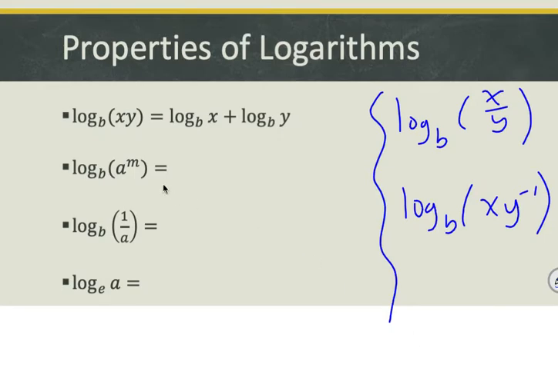So what do we do with this? If we have an exponent here, what do we do? You remember what you do with the exponents? No? It gets moved out front, right? So the exponent gets moved out front.